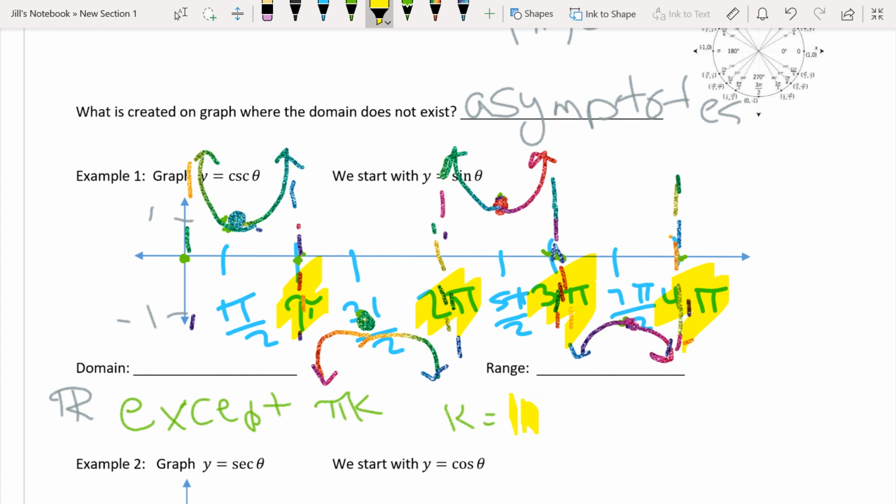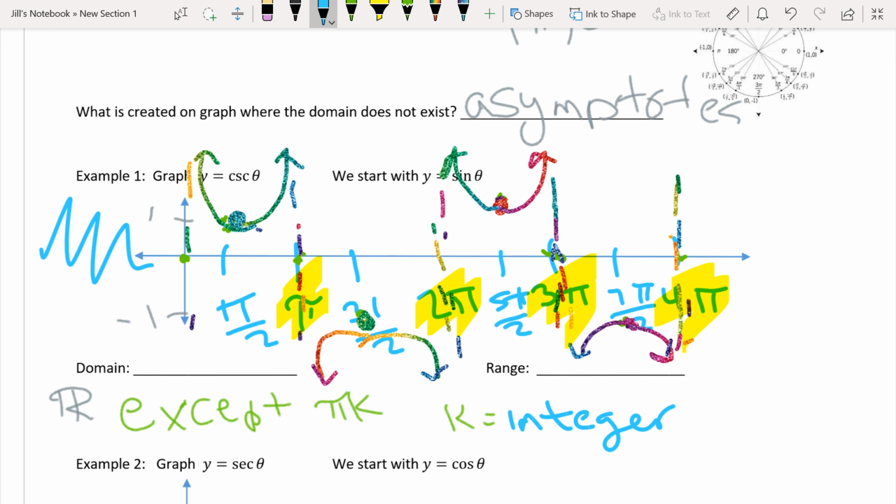I know that's a little hard to understand. But the domain is all real numbers except for where those asymptotes occur. And those asymptotes are integer multiples of pi. So k could be 1 and you'd have 1 pi. K could be 2 and you have 2 pi. K could be 3, you have 3 pi. And it would also include the negatives that would exist on this other side of the graph, which we're not going to do. So it's all real numbers except pi k.